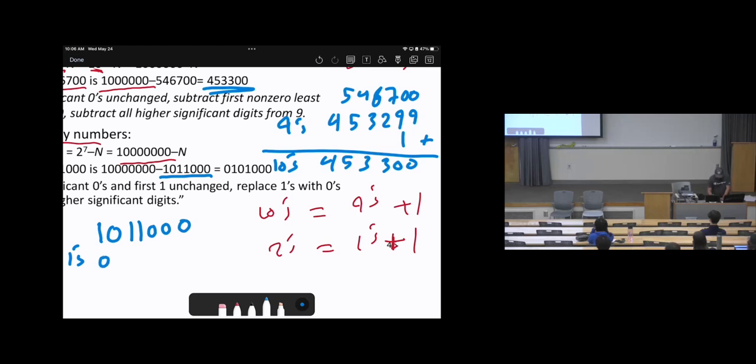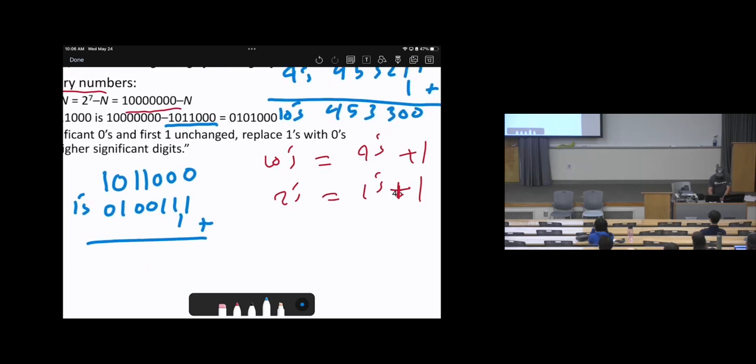This will be 0, 1, 0, 0, 1, 1, 1. Then add 1. After adding 1, 1 plus 1 is 10, 0 carry 1. Then 1 plus 1, 10, 0 carry 1. 1 plus 1, 10. Then here is 0, 0, 1, 0.